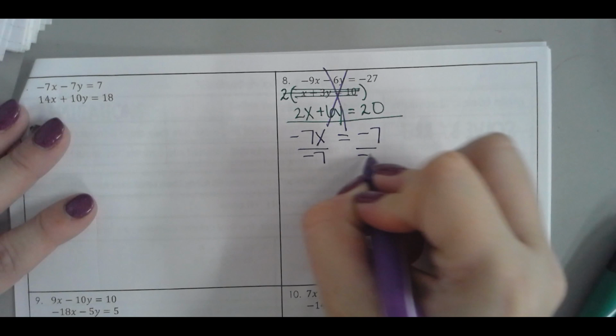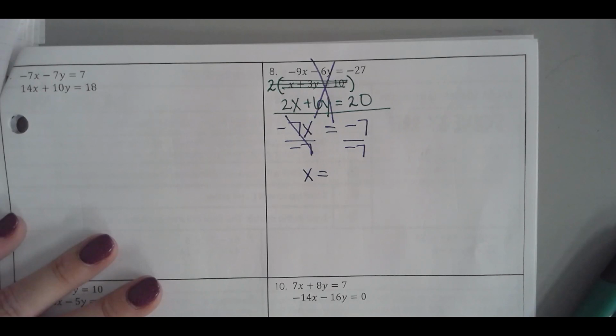So divide by negative 7 to get 7 divided by negative 7, which is x equals 1.